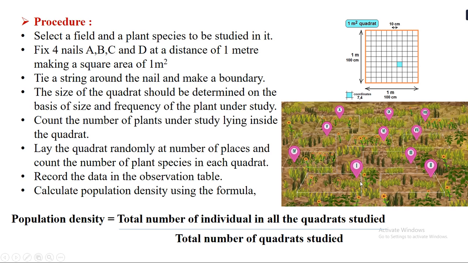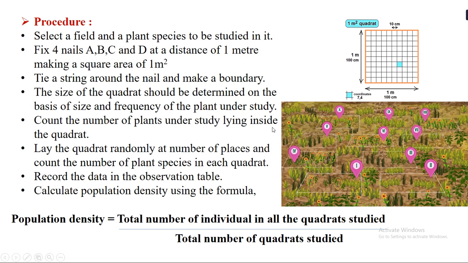After fixing the nails, you have to tie a string around these nails to make a boundary, and this makes 1 quadrant. Again, the size of the quadrant should be determined on the basis of the size and the frequency of the plant species growing there, and that should be the species that you're studying.